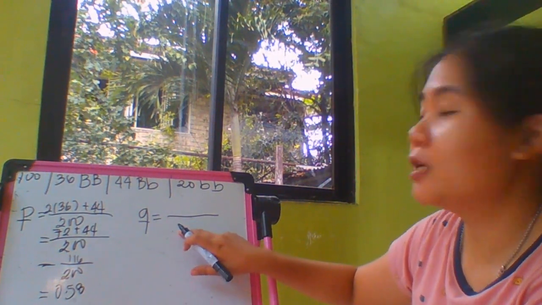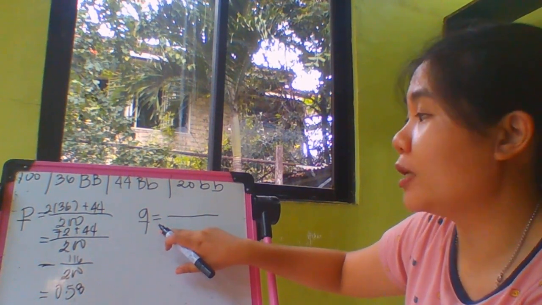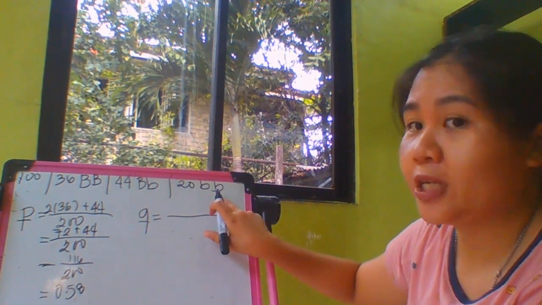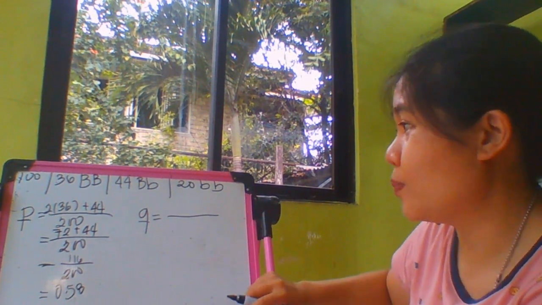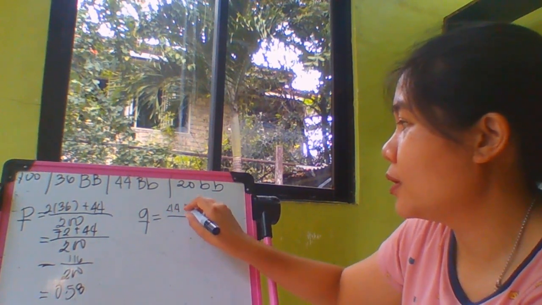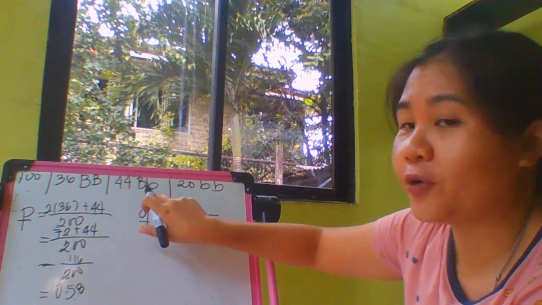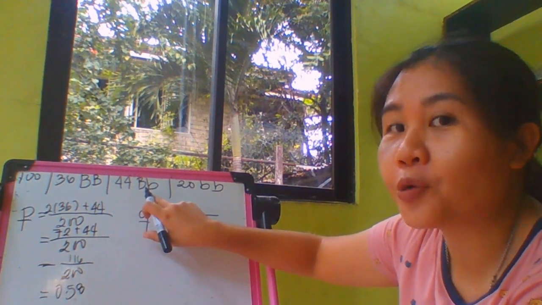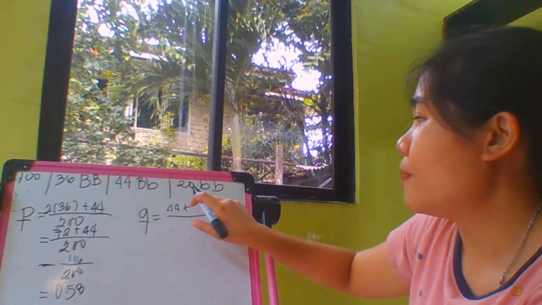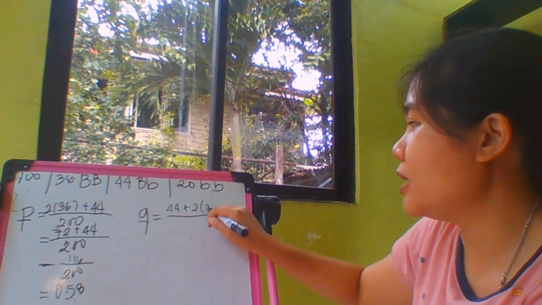How about the letter q? Small letter q represents the recessive trait or the white gene. So we have here 44. Again, 44 came from here because these 44 individuals also have the white gene, being heterozygous. Times 2, and then 20.